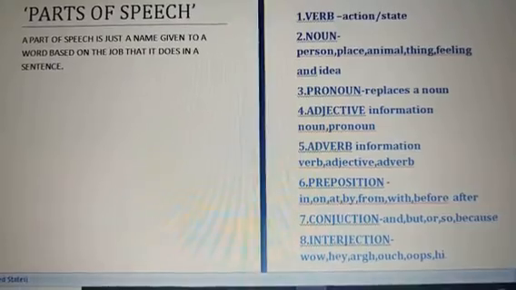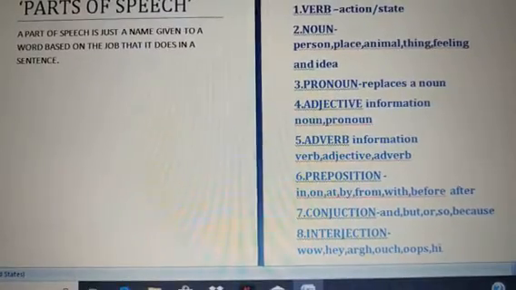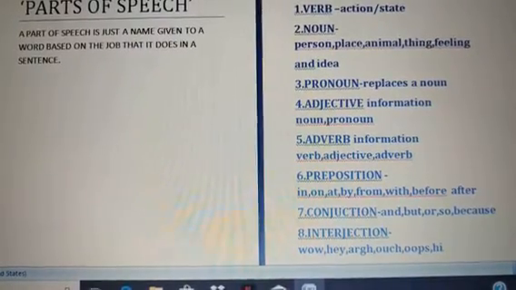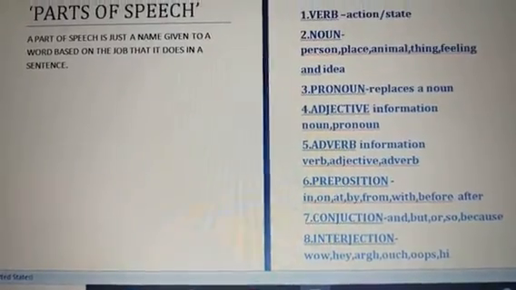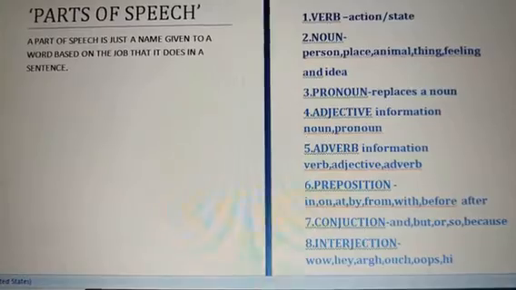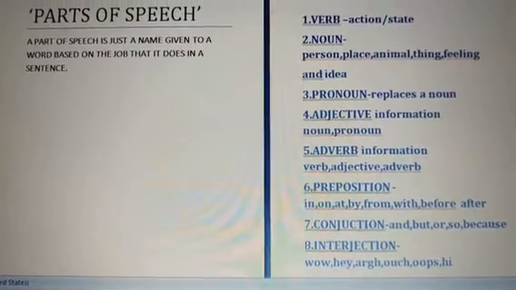A word can be a verb, an adjective, a noun, etc., depending on the job that it does in a sentence. And these can be very useful to learn, because when you are studying grammar, you will come across terms like nouns, verbs, adjectives, and if you know what they mean, they can help you to speed up your study of grammar.